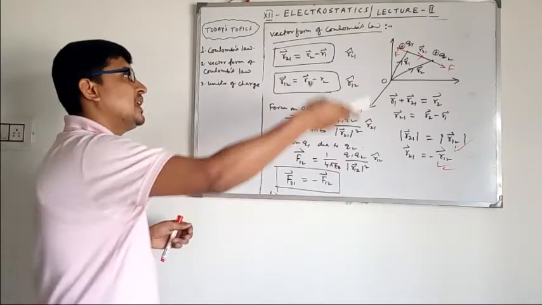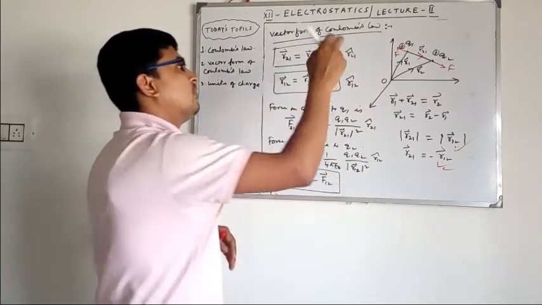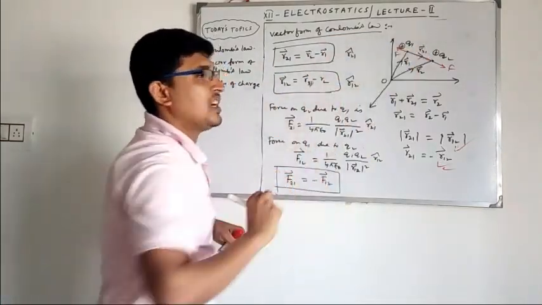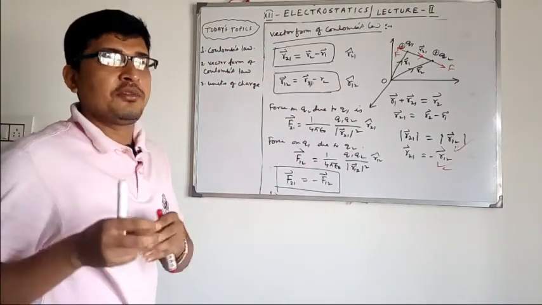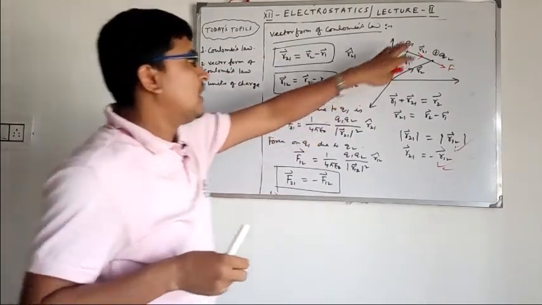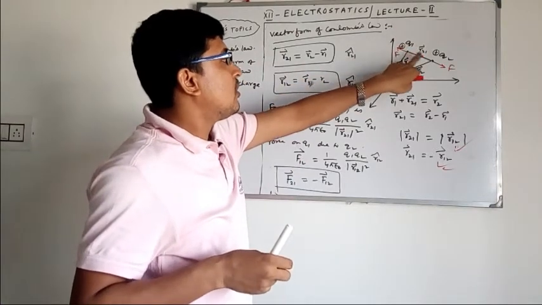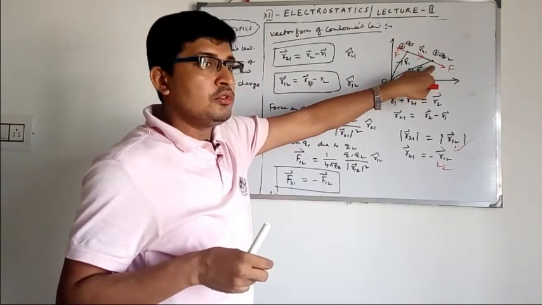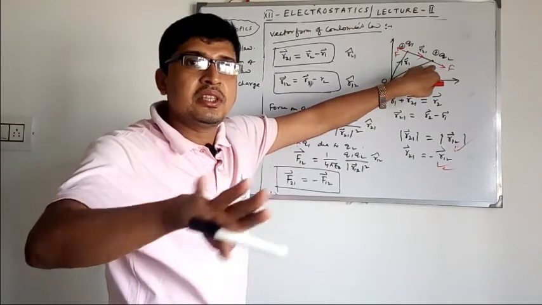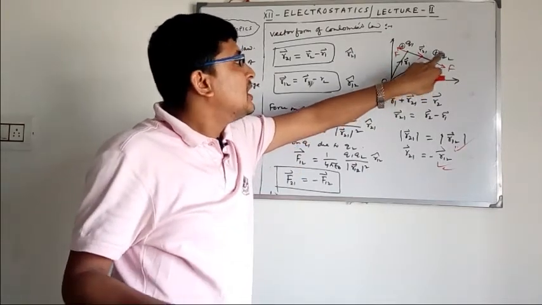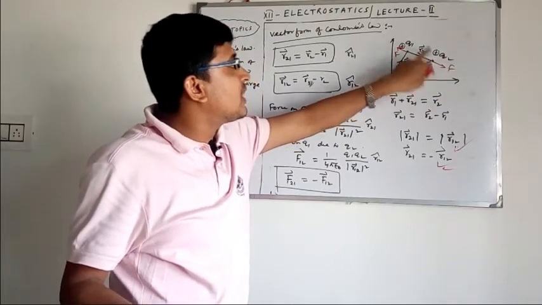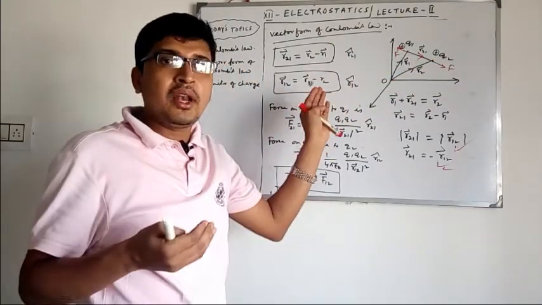That means if there is no external force applying on these two charged particles, and only mutual attractive or repulsive force is there, then the force on Q2 due to Q1 is the action force. Similarly, Q2 gives a reaction force to Q1.